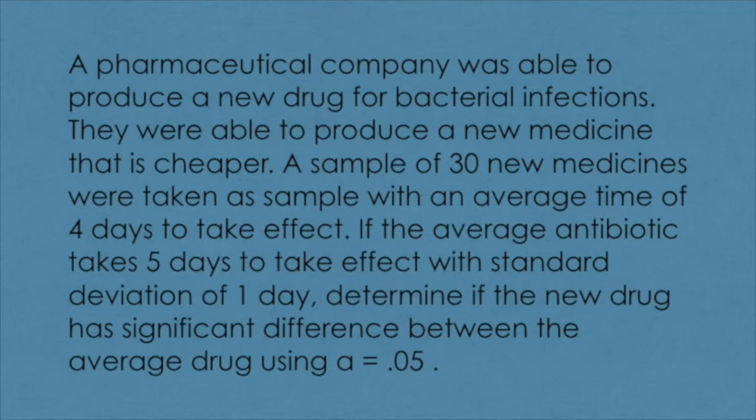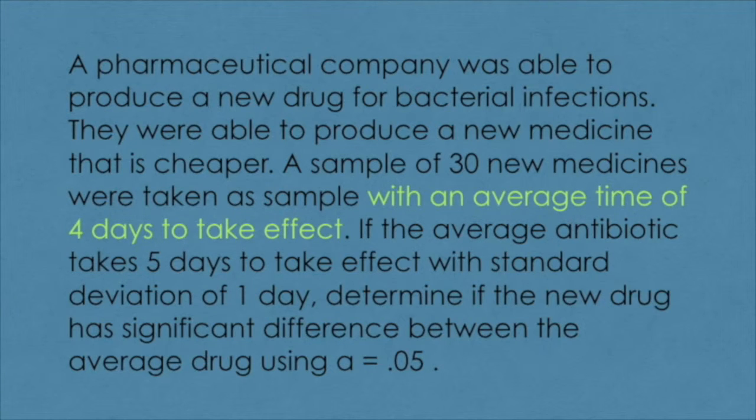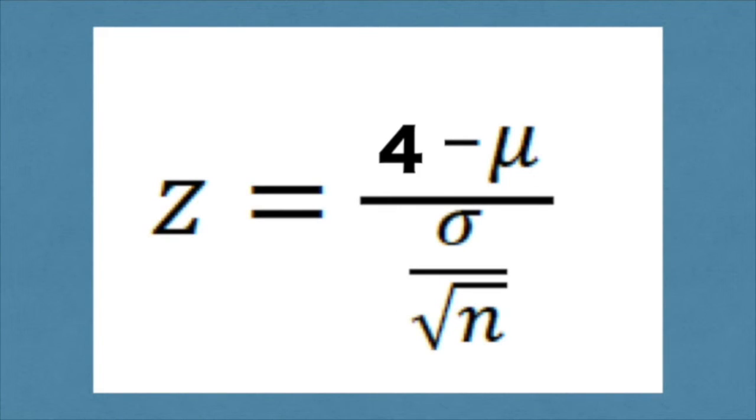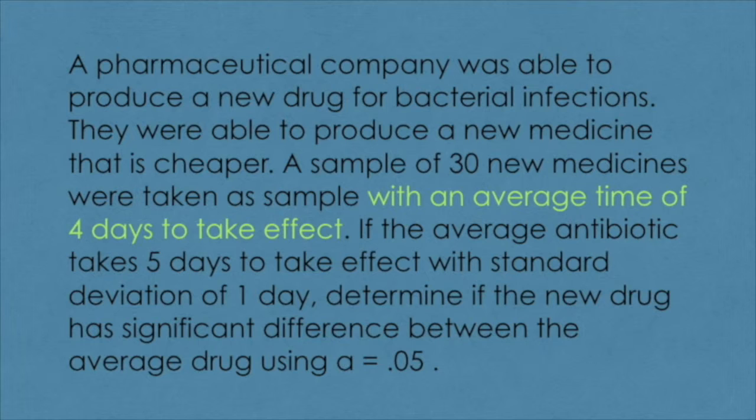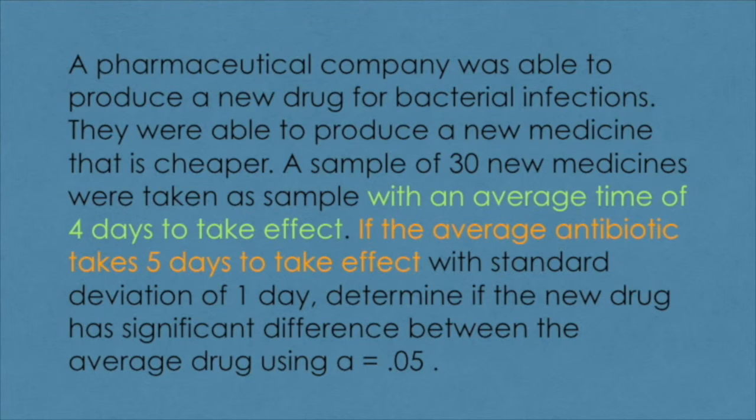In this case, our sample mean is 4, which is the average time for the sampled antibiotics to take effect, minus the mu. Our mu denotes the population mean. It refers to the mean of the population that is outside the sample size, or the whole population. In this case, it is the average time in general for antibiotics to take effect.